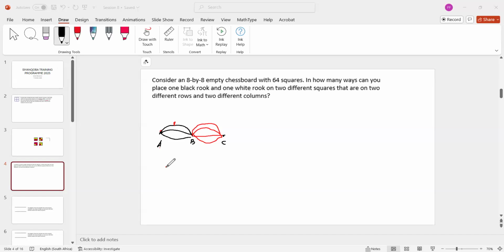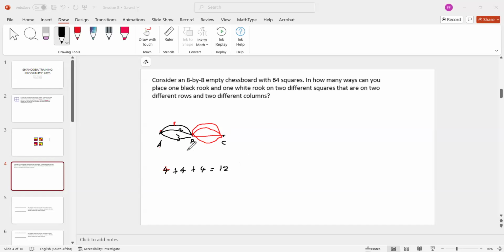Now, in the same way, if I chose road 2, again, there are 4 possibilities. And if I chose road 3, then again, there are 4 possibilities. So altogether, you've got 12, right? There are 12 possible ways of traveling from A to C.